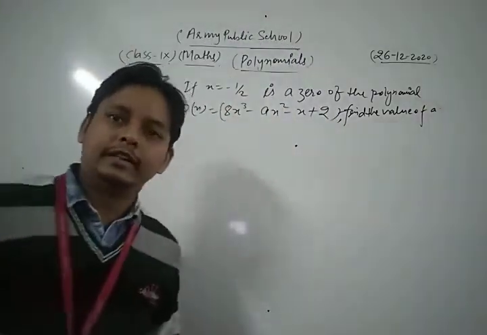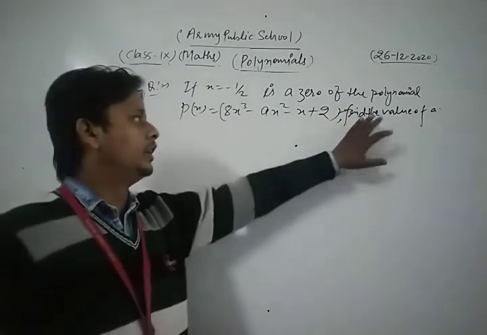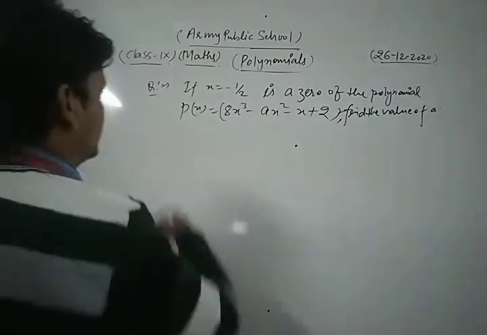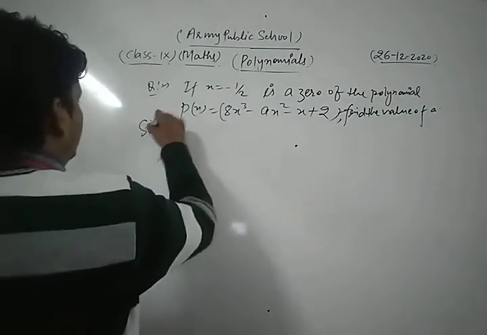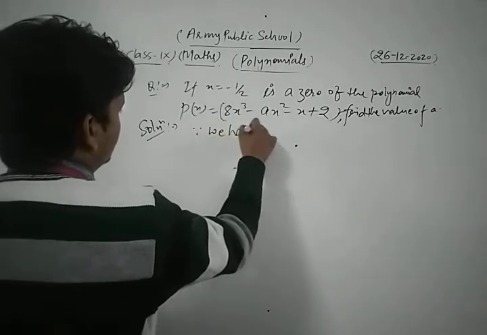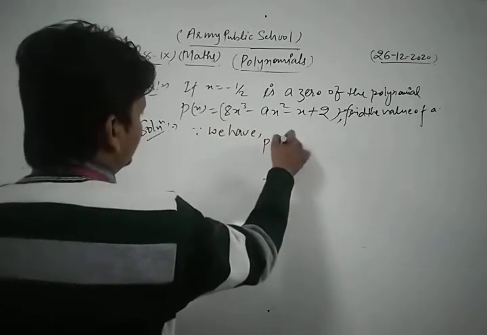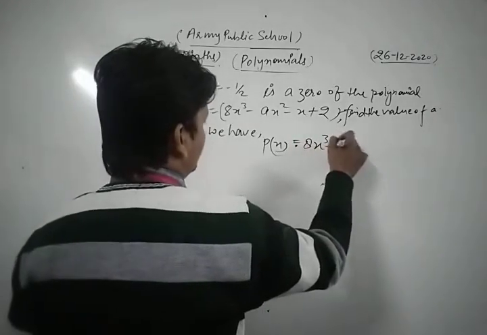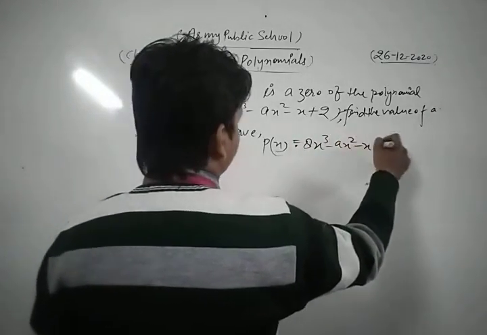Okay, dear students, we can solve that question same as the previous question. Let's see its solution. First of all, we have p of x is equal to 8x cube minus ax square minus x plus 2.